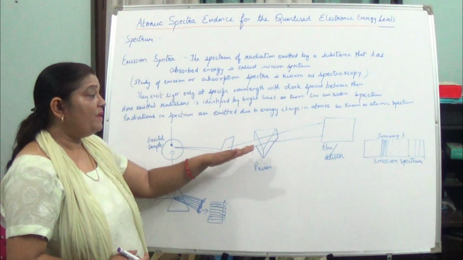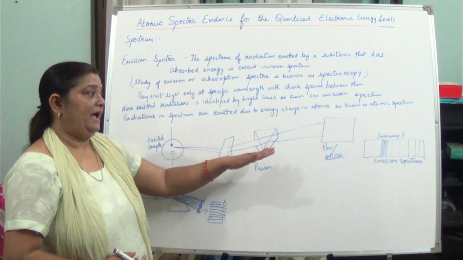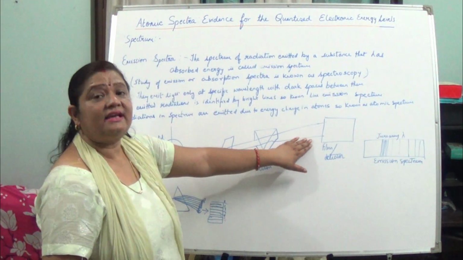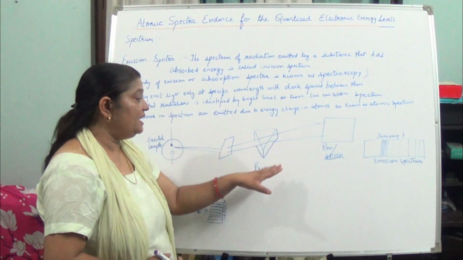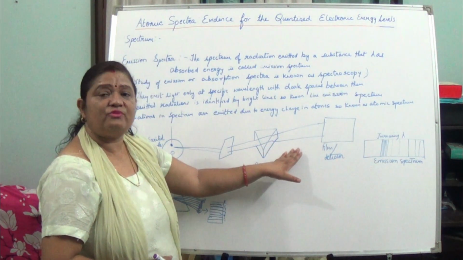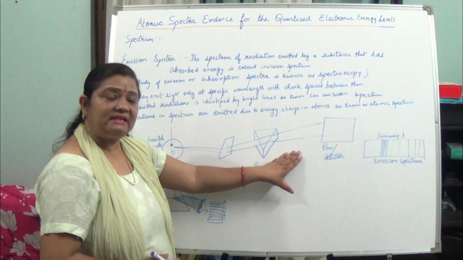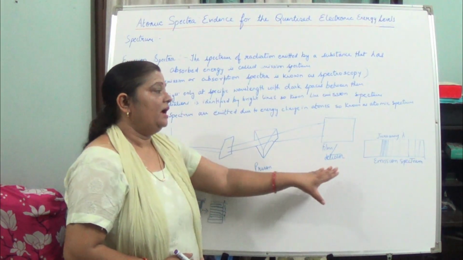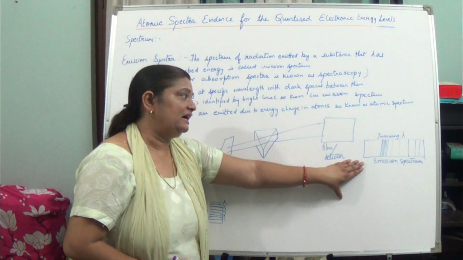It passes through the prism, and you can see over here there is a detector, or you can say a film. After passing through the prism, as it is having different wavelengths, you will be seeing a number of bright lines and dark lines.